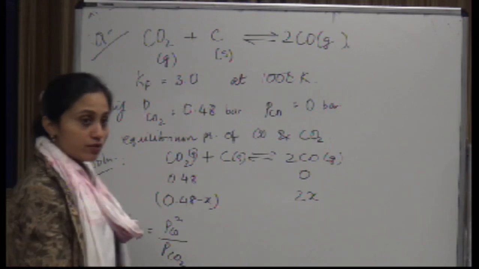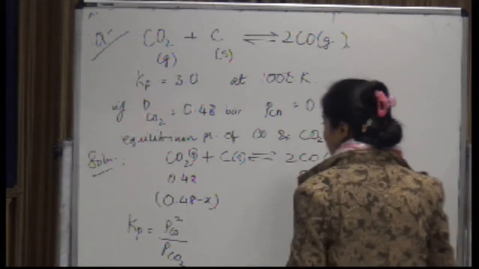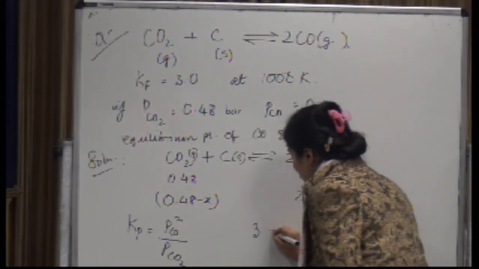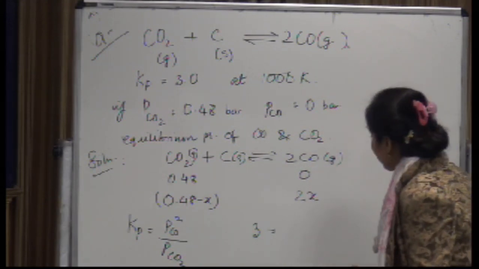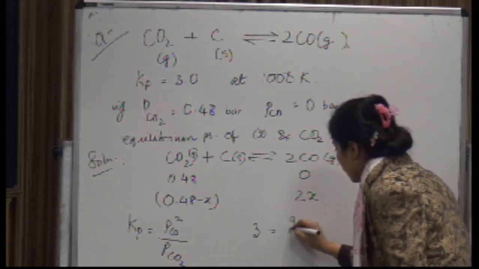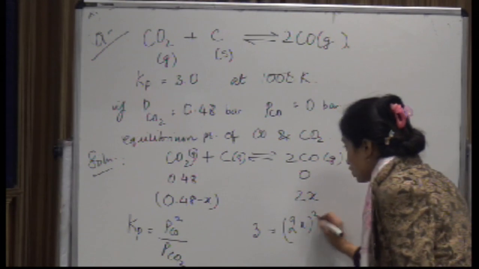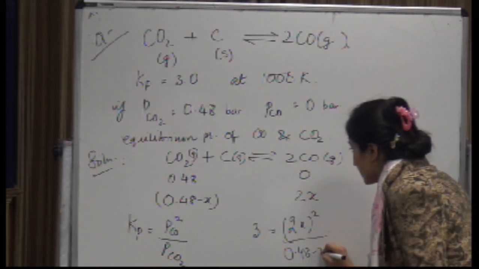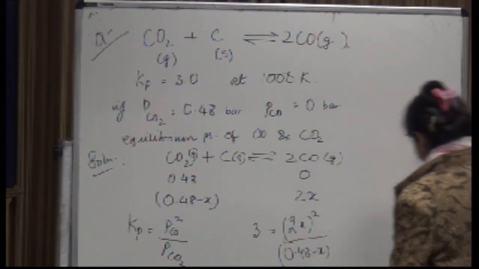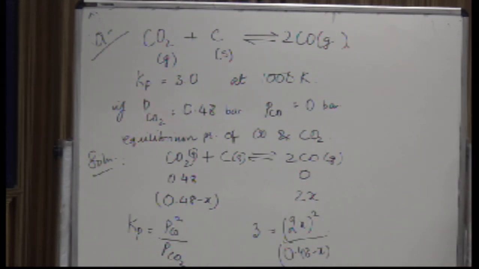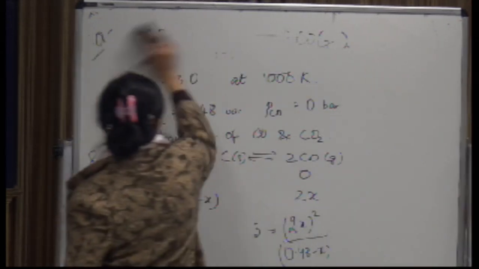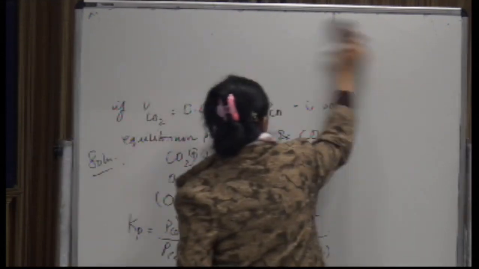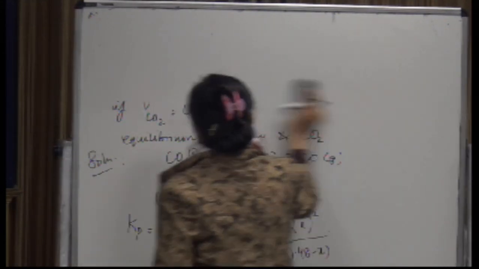You have the values, just substitute the values at equilibrium. Kp is equal to 3 and pressure of CO is now equal to 2x whole square upon, you will have 0.48 minus x. Now here it will not be advisable to take the square root, so you will have to form the quadratic equation quickly in this case, and you can just completely solve it.